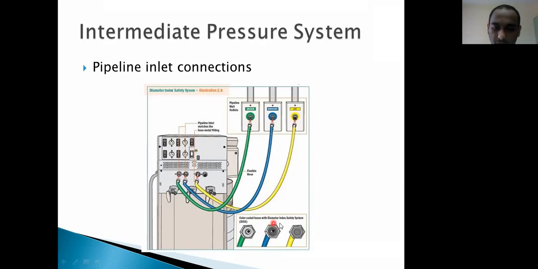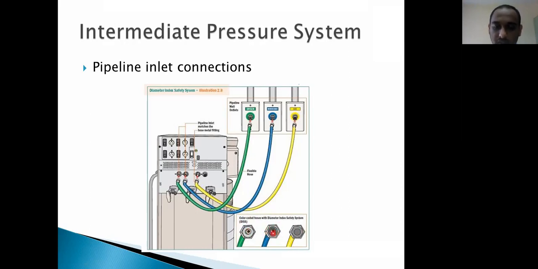So the diameter index safety system utilizes two diameters. So if you see here that there is an inner circle and there is an outer circle, and in these various three gases connection ports, the diameter of this inner and outer circles are variable.